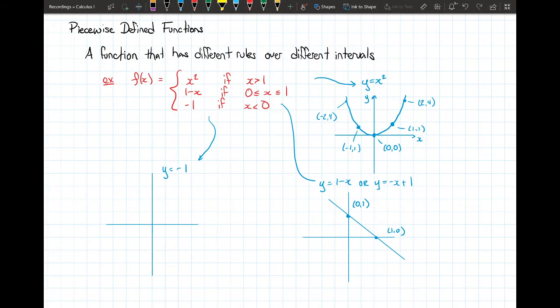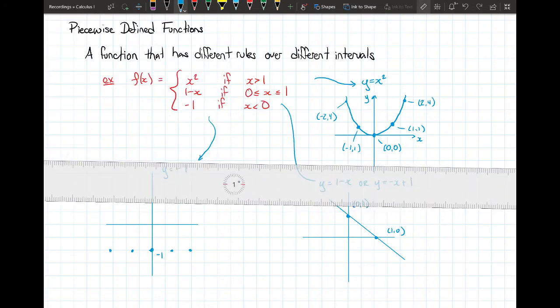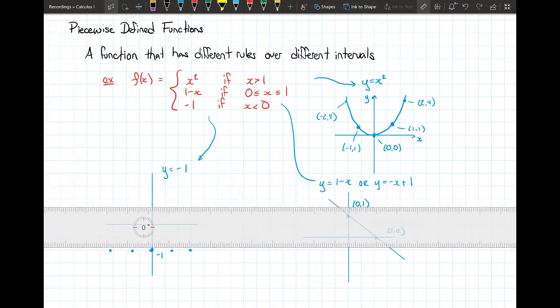Y is always equal to minus 1. So here is minus 1, and there'd be lots of points that are all minus 1 regardless of what x is. So that becomes a horizontal line.